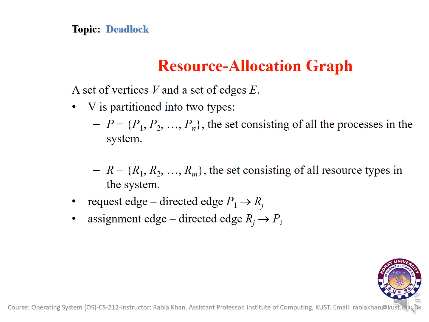There is one more type of edge which we will discuss later on. The request edge will be drawn from a process towards the resource, that will show that a process is requesting this resource. And if the requested resource is assigned to the process, so the edge will point from resource towards the process. Both the edges must be directed so that you can differentiate which one is request edge and which one is assignment edge.